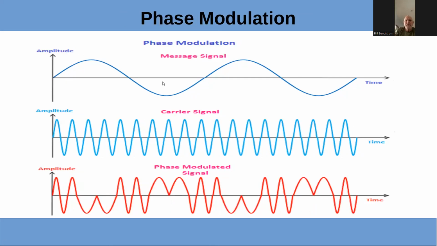Now, phase modulation, we have our same message signal, we have a carrier, but we're going to change the phase of the carrier relative to the amplitude of the message signal. And you get some weird looking thing like this where you're shifting.